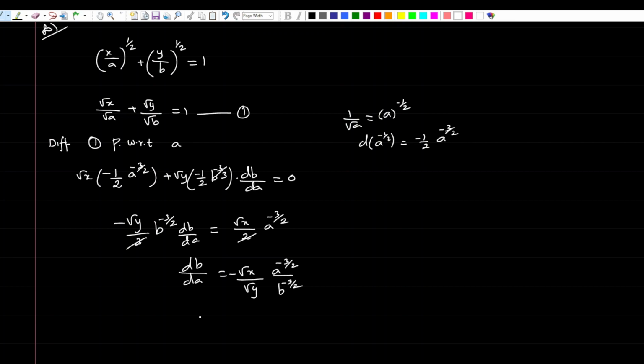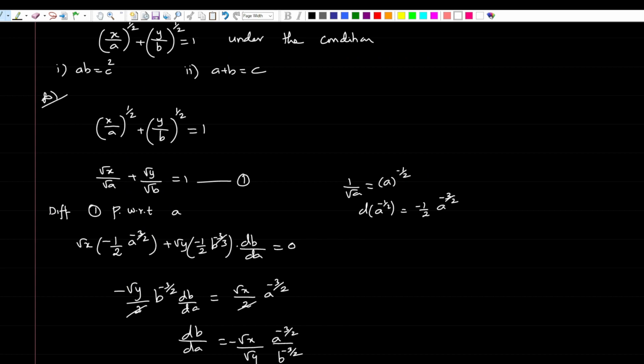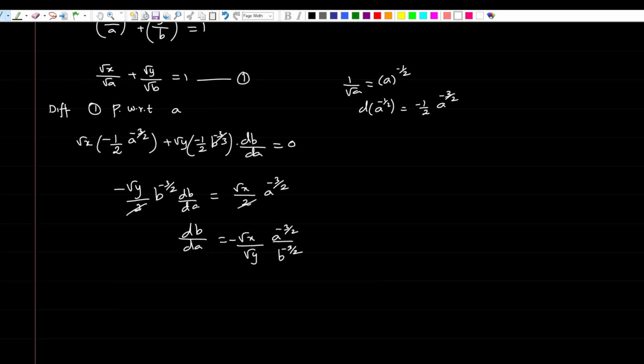Now, with respect to the condition ab equal to c square. So first of all, I am going to find the envelope with respect to the condition ab equal to c square. Let me consider this as equation number 2 and differentiate equation number 2 partially with respect to a. What will you get?